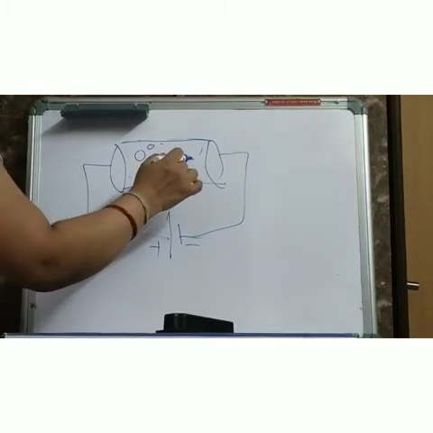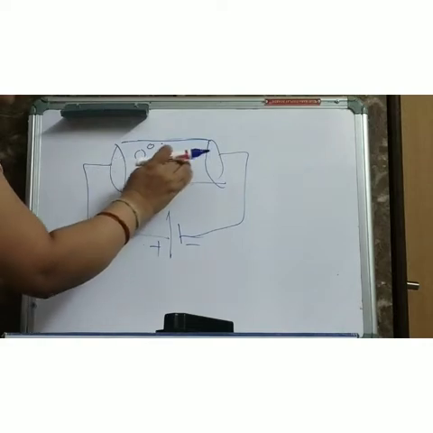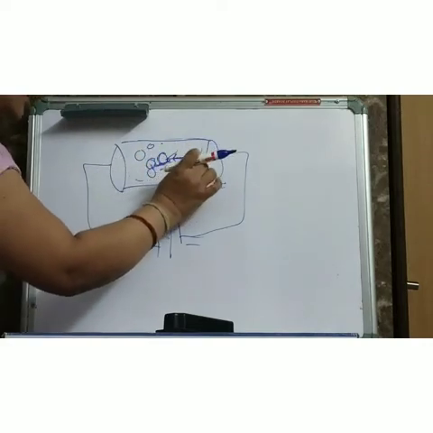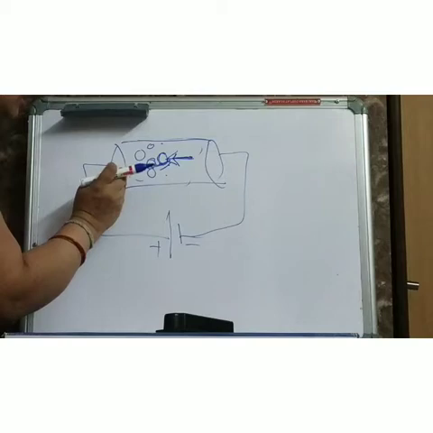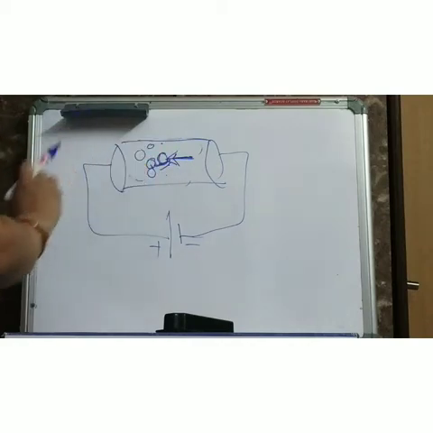So what is happening? Slowly the electron is moving, but there are so many obstructions. The electron can't move from this terminal to this terminal freely. So many collisions will happen, and because of this collision, the movement will slow down.